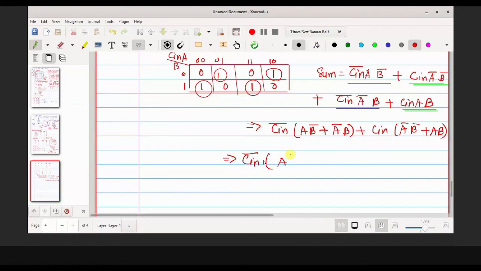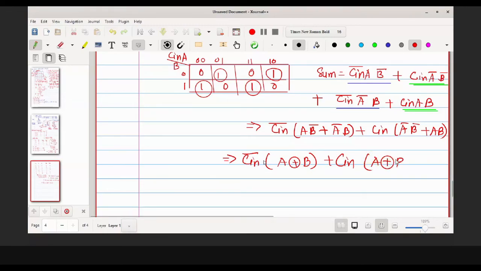So it is XOR plus C in, and this is XNOR. Now using a simple rule that XNOR is nothing but not of XOR, I'll be using it like this.